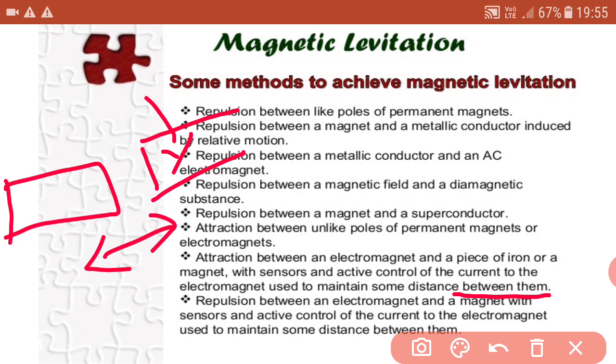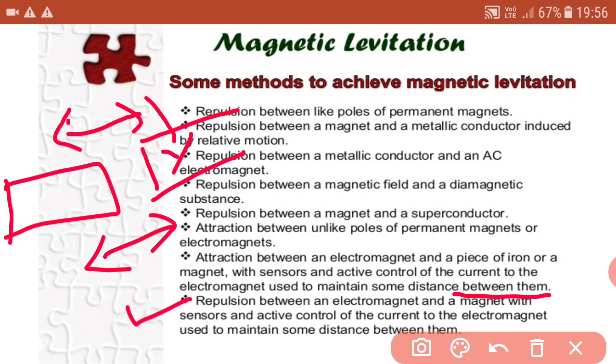If this metal is iron, there is attraction between these two. By using sensors and active control of the current to the electromagnet, we can control this distance, and this principle is used for magnetic levitation.